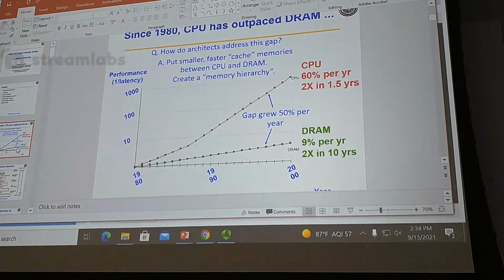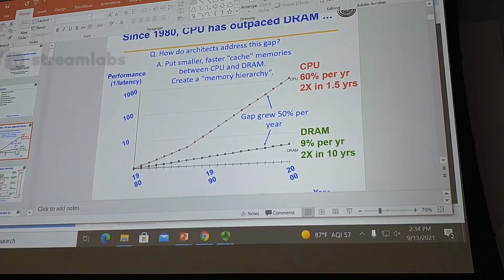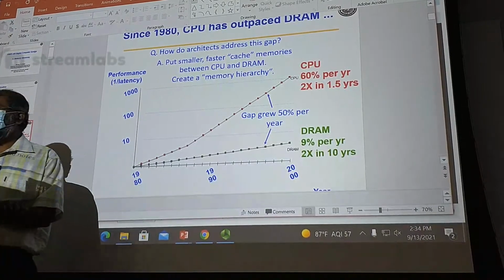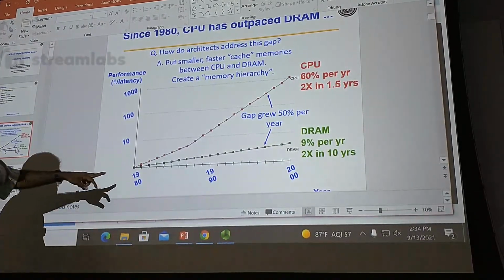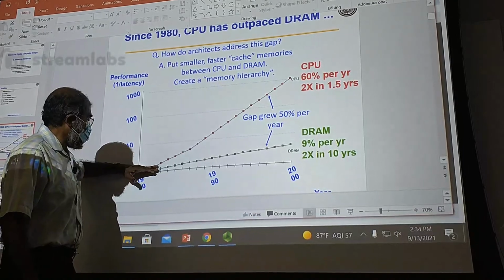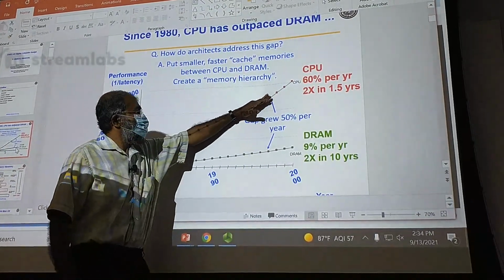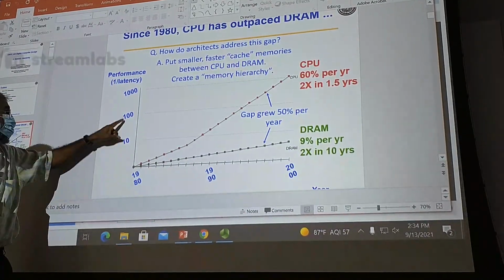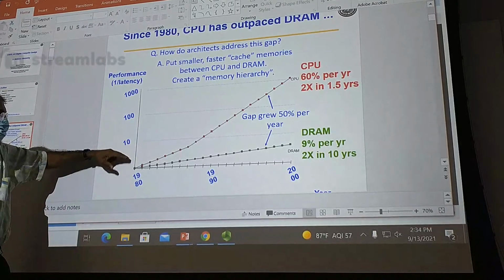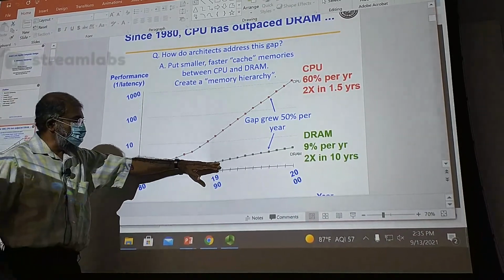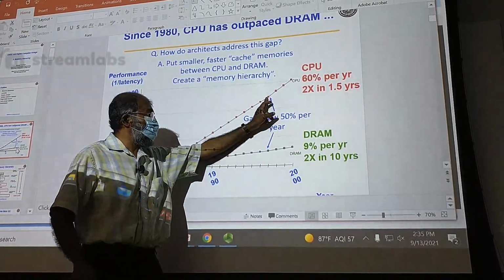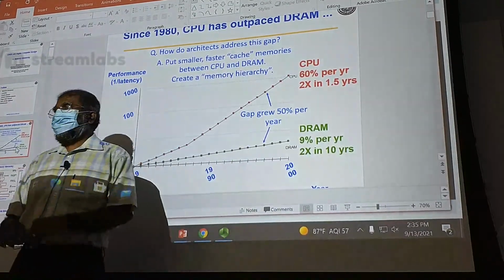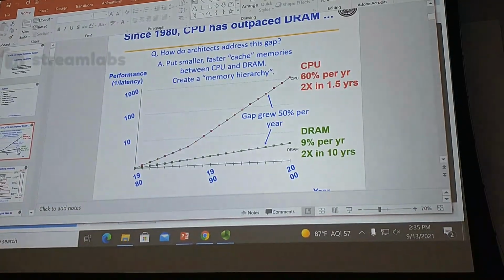But fundamentally, if you look at processor performance and memory performance over the last several years, processor performance has been going along this curve, which is exponential because this is logarithmic scale. Memory performance has been also exponential, but there is a gap between these, and the gap has always been increasing.